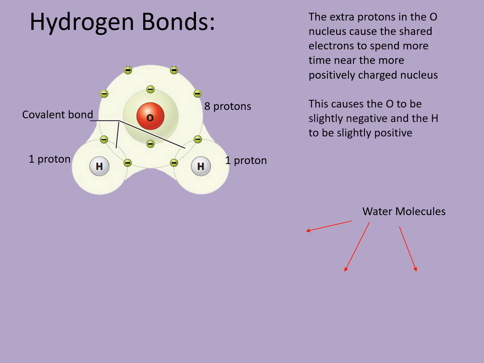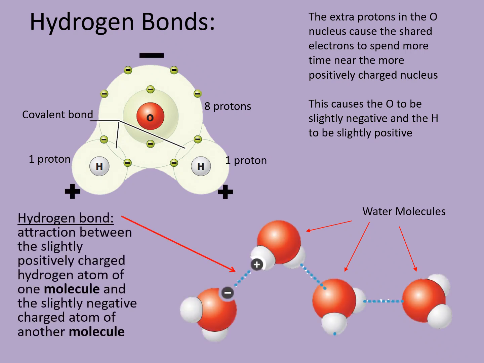This causes the oxygen to be slightly negative and the hydrogen to be slightly positive. So then the hydrogen bond, that's an attraction between the slightly positive charged hydrogen atom of the one molecule and the slightly negative charged atom of another, as we were talking about opposites attract. So it is an attraction that causes a bond, as in the water molecule. So you have H2O because of the hydrogen bonds in the water.